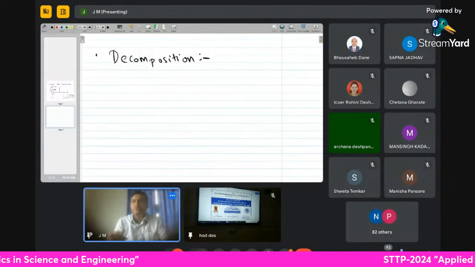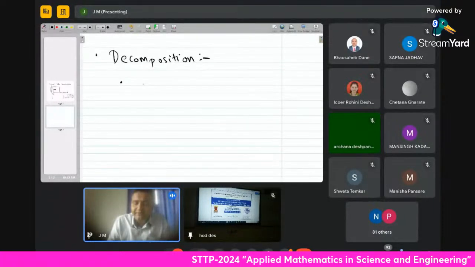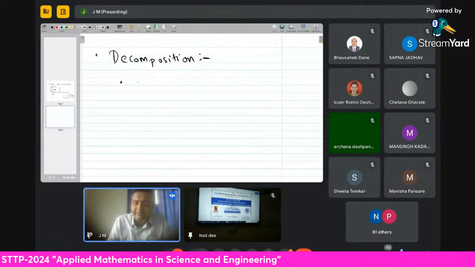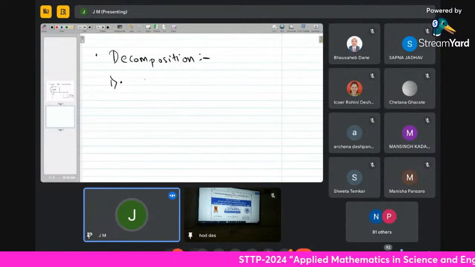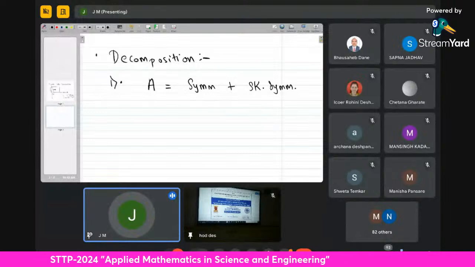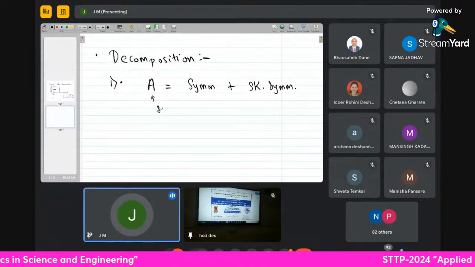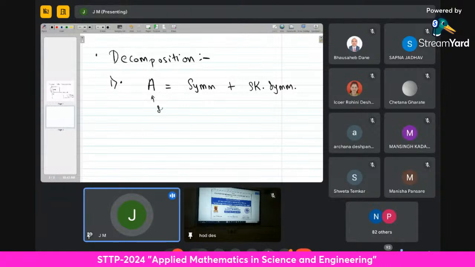In our 11th or 12th standard, we study a very basic decomposition, but its limitation is that it works only for square matrices, and most of the time we have non-square matrices, so we cannot use it as a decomposition. Then when you go to engineering, we study diagonalization.